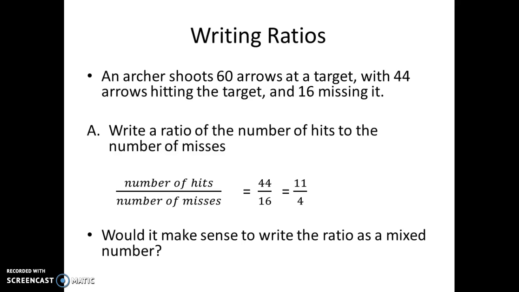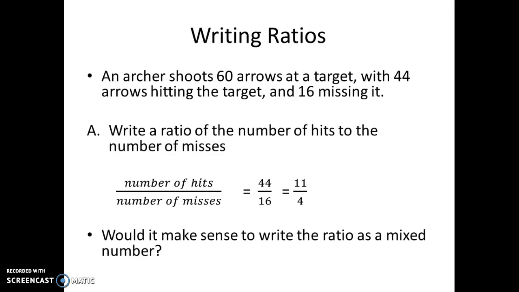So it's the part that's before the word to. So number of hits is our numerator, and our denominator is the number of misses because it's after the word to. So our numerator will be 44 because that's how many hit the target, and our denominator is 16 because that's how many missed. So we could simplify by scaling down by 4 to make a fraction of 11/4.